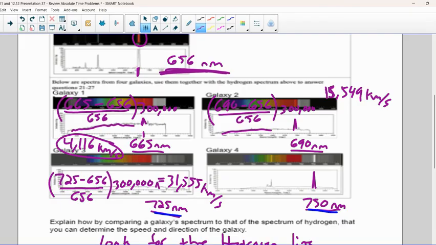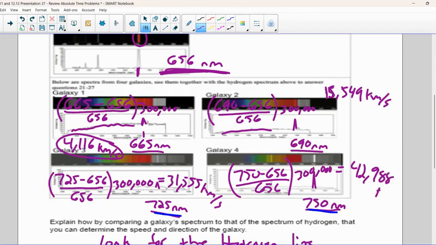And then for the last one, I'm just going to do 750 minus 656 divided by 656 times 300,000, and that is going to give me 42,988 kilometers per second.